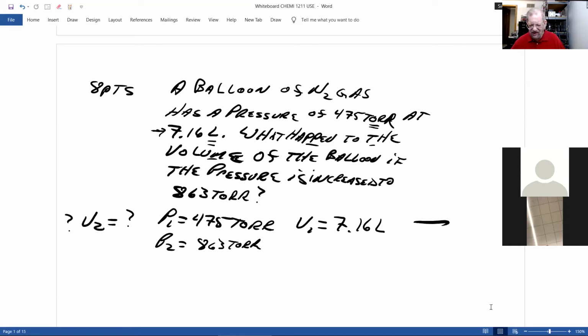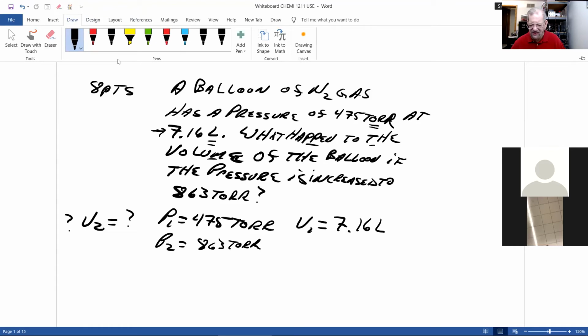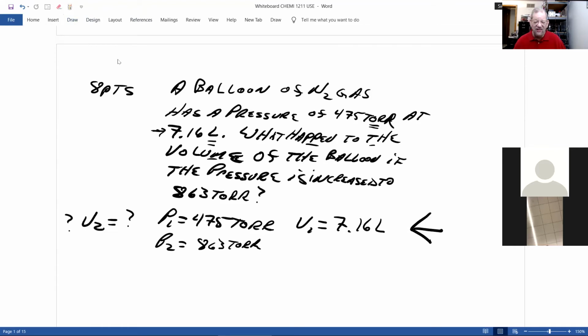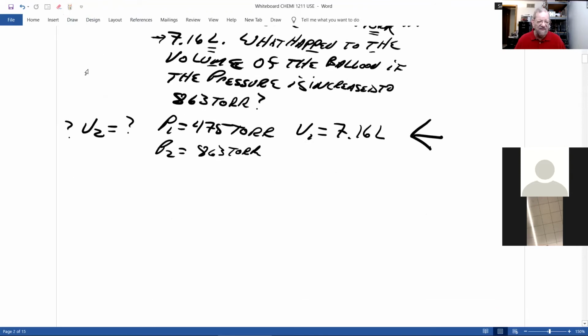Now, if we look at all this, I can draw an arrow better. Hold on. It's Awful Arrow Wednesday. We look at all this, we're dealing with a gas, and we only have pressure and volume, which tells you you need to use Boyle's law, P1 times V1 equals P2 times V2.